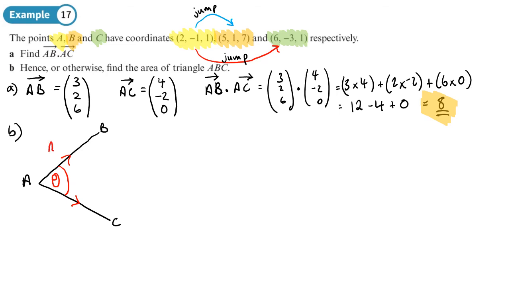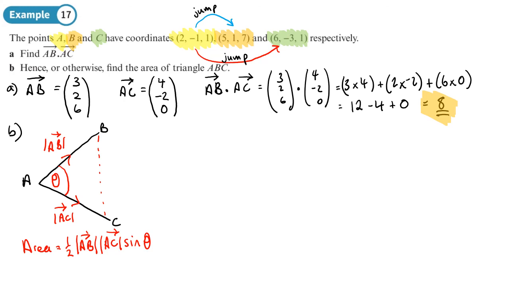And if I find the lengths of these sides here, then I can use half AB sine C to find the area. So I'll just write that down. Area of that triangle is going to be half AB, so A to C, half AB sine C. So sine C would be the angle between them there.